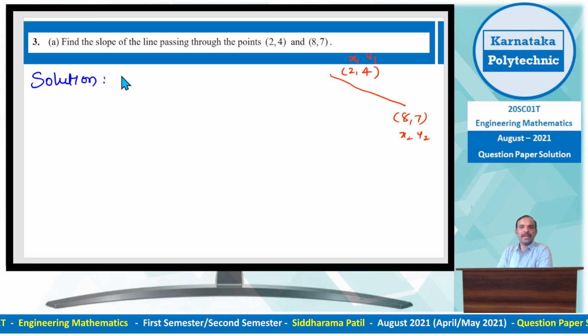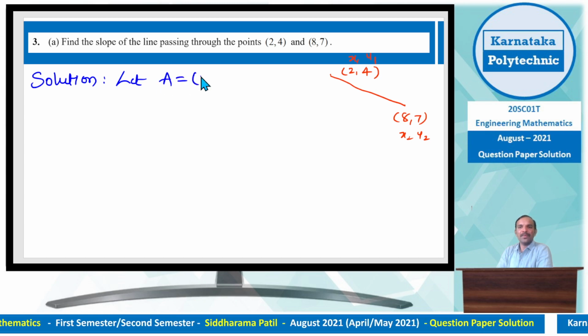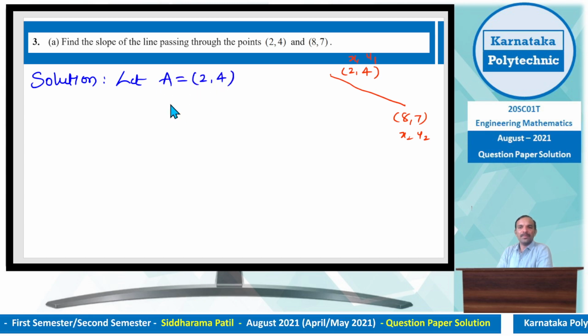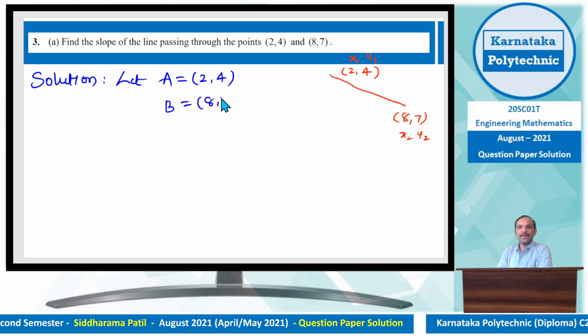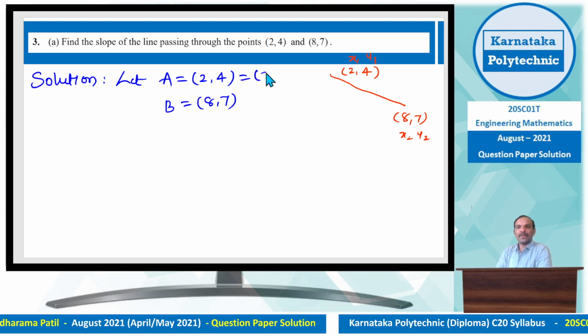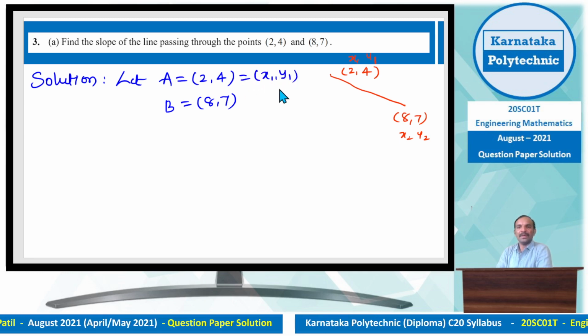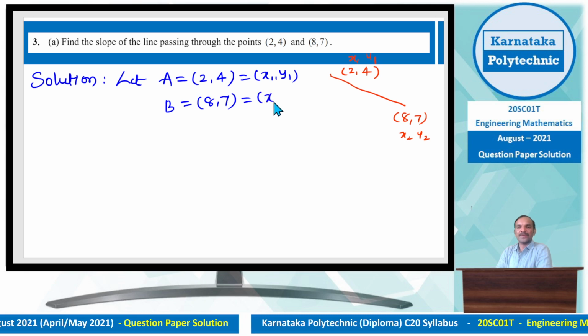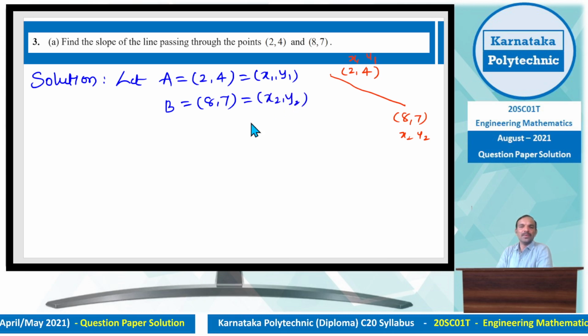Solution. First let us name the points. Let A equal (2, 4) and B equal (8, 7). A is taken as x1, y1 and B is x2, y2.